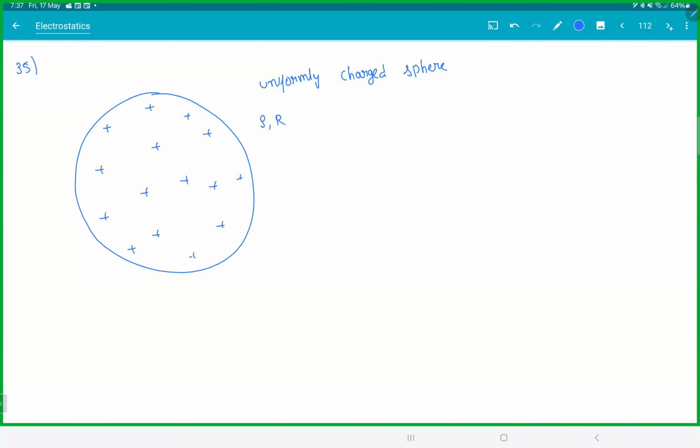Now, because of the positive charge, the shell will repel itself, isn't it? The charges on the sphere repel each other, generating a pressure inside the sphere.